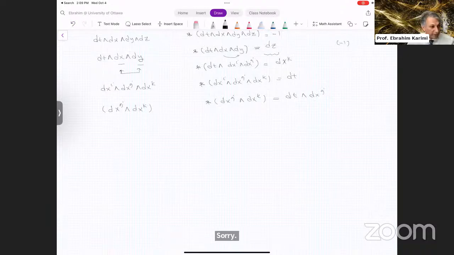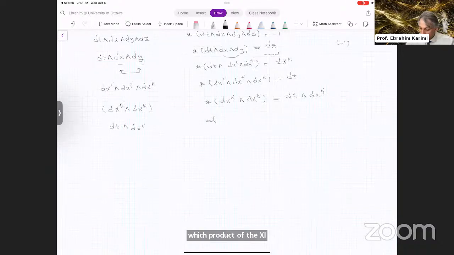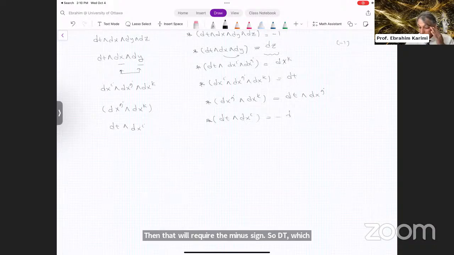And if you go with dt wedge dxi, then that will require a minus sign: the dual will be minus dxj wedge dxk.